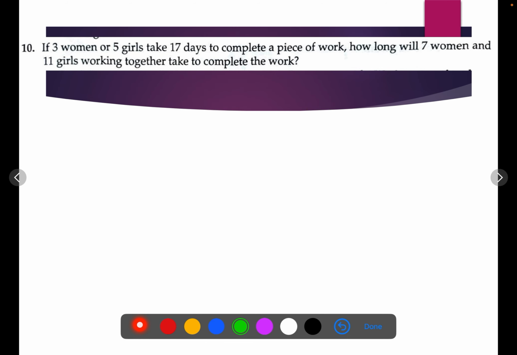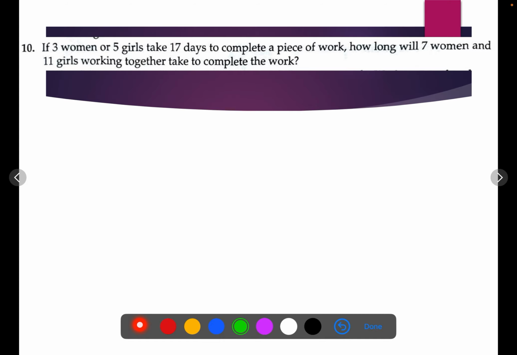Now, if 3 women, this question is again different. I have picked up only the different questions so that it can help you to do the rest of the questions. If 3 women or 5 girls take 17 days to complete a piece of work, that means the capacity of 3 women and 5 girls is same, right? So they take 17 days to complete the work.